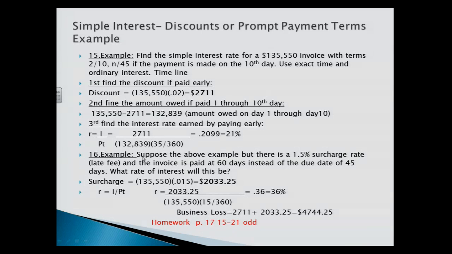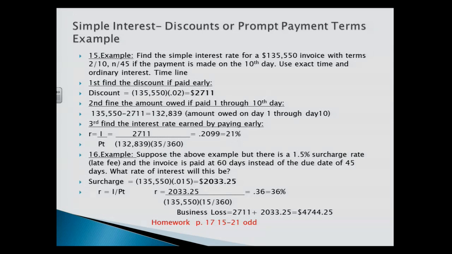So 35 days came from 45. I didn't pay it on the 45th day. I paid it on the 10th day. So 45 minus 10, I paid it 35 days early. Banker's rule, if I do this equation, I paid myself 21% interest by paying it early.